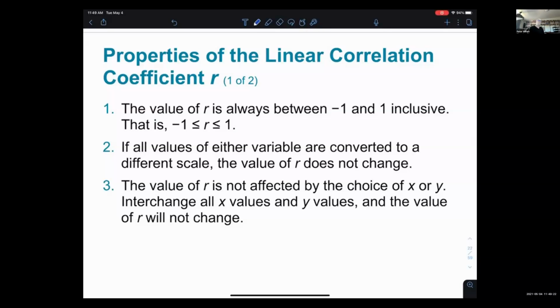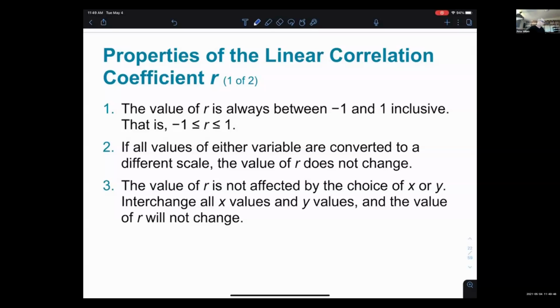So this is really helpful to keep in mind, because the R value is just about how far you are away from the line, whether you're using a scale that's in inches or feet or miles if you're measuring distance, or seconds or minutes or days if you're measuring time. If you change the scale, but then calculate R using that new scale, you're still going to get the exact same R value.